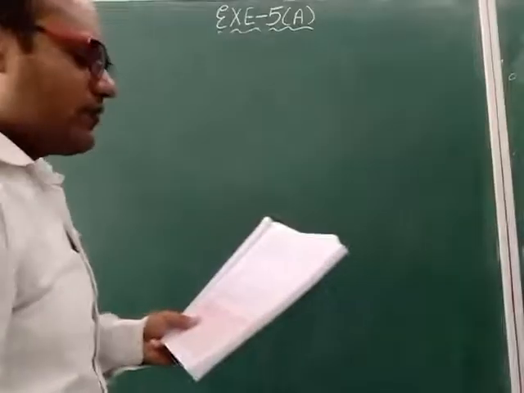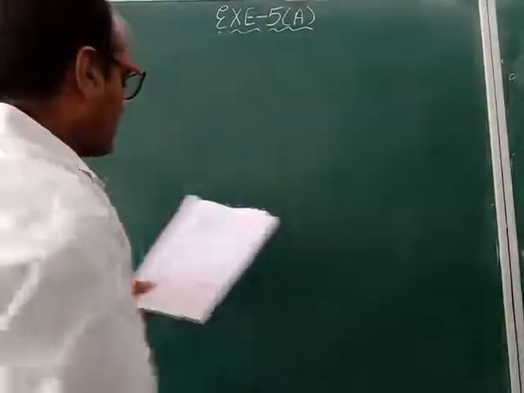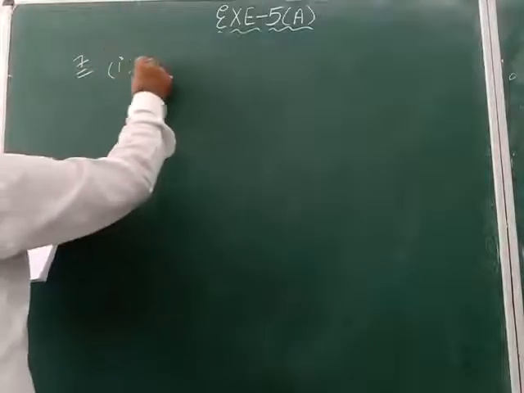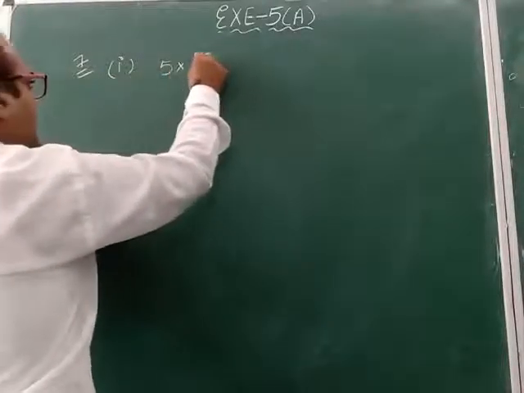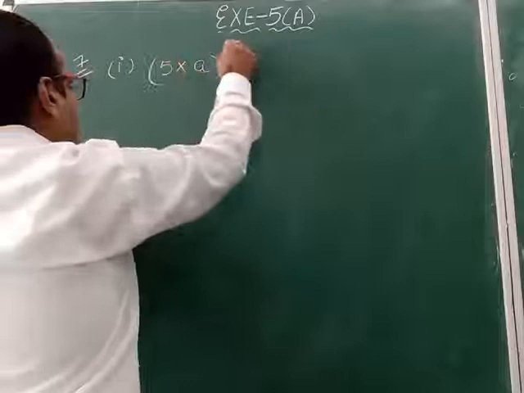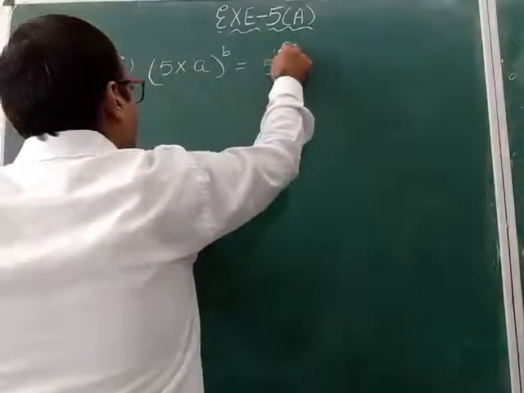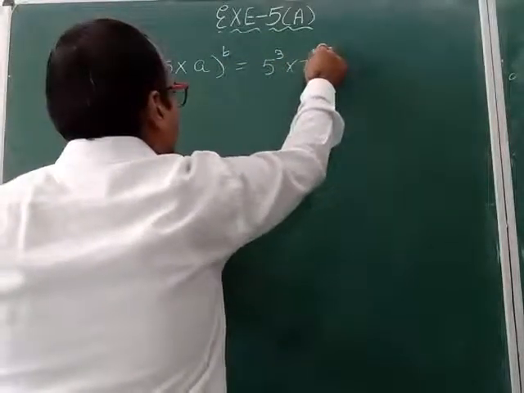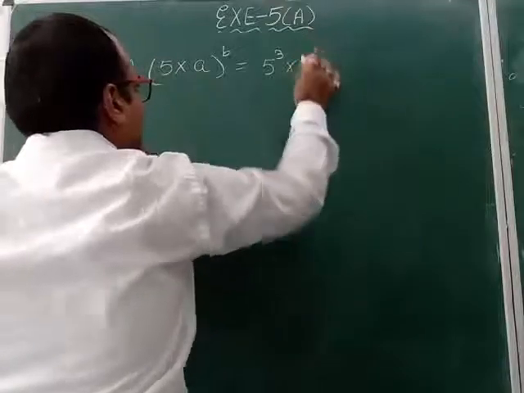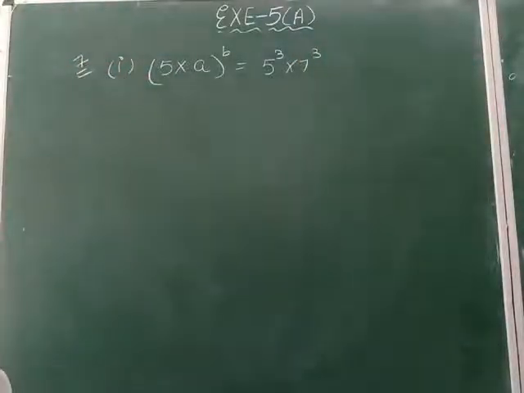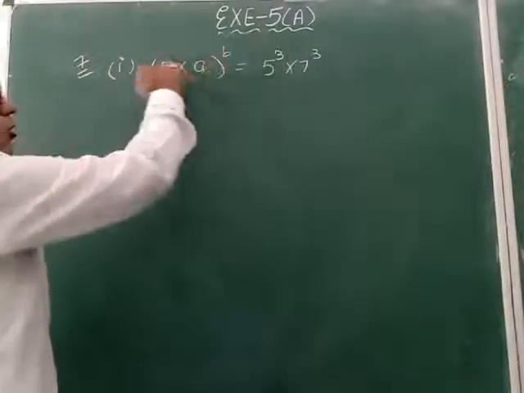Find the value of a and b. First part: 5 into a power b equal 5 power 3 into 7 power 3. So what we have to do now? This power b is on whole power.